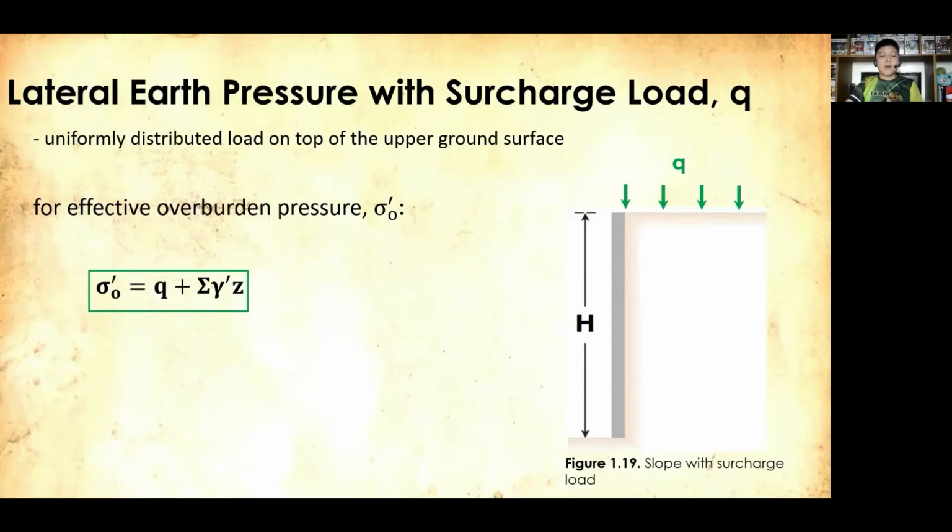So sigma O prime is equal to Q, our uniformly distributed load, plus the summation of gamma prime times Z. Again, Q is the surcharge load, and our summation of gamma prime times Z is the vertical effective stress or the weight of the soil being considered.